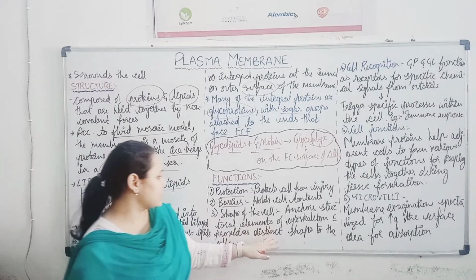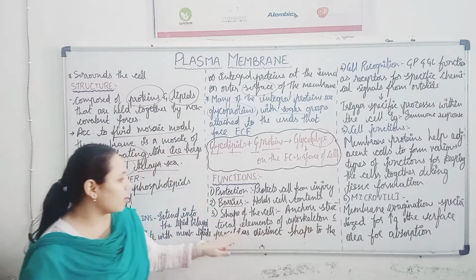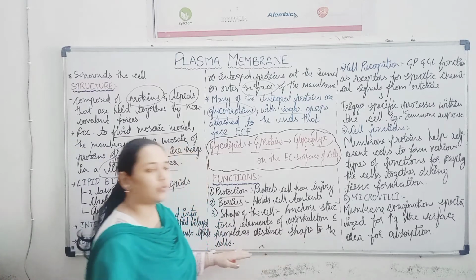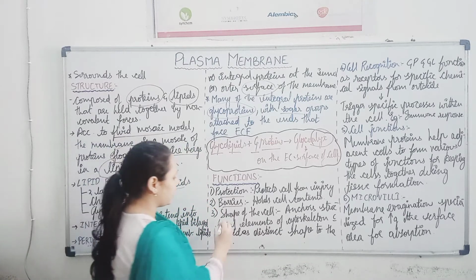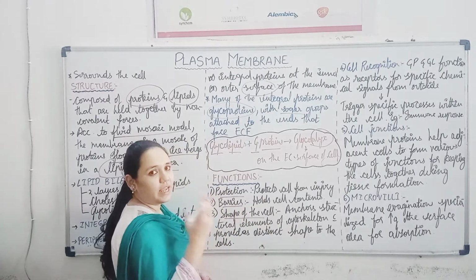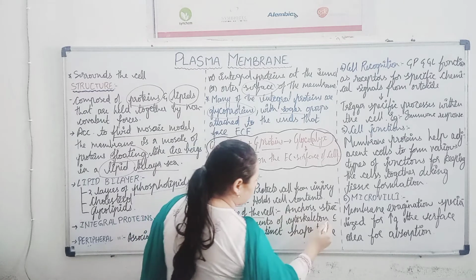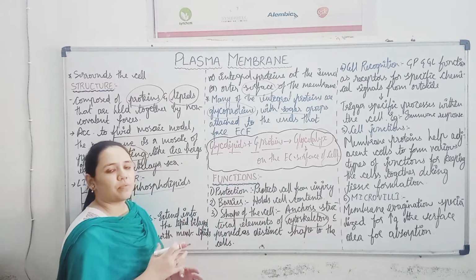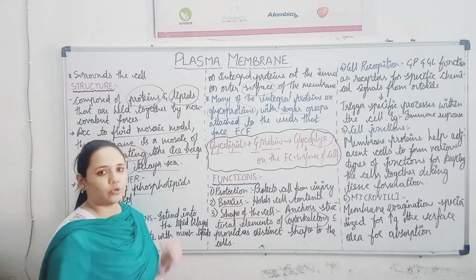It anchors the structural elements of the cytoskeleton, which provide a distinct shape to the cell. What does that mean? This plasma membrane consists of structural elements which are important for the cytoskeleton, and this provides a specific shape to the cells.